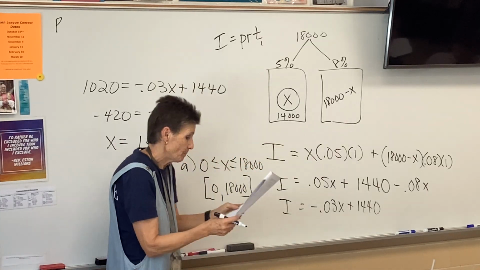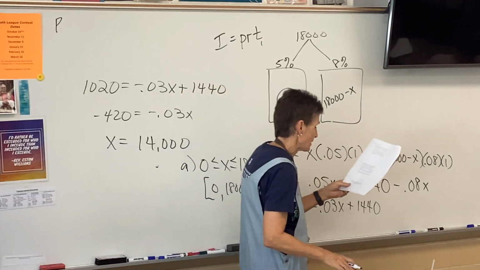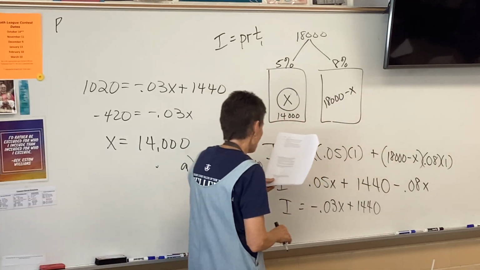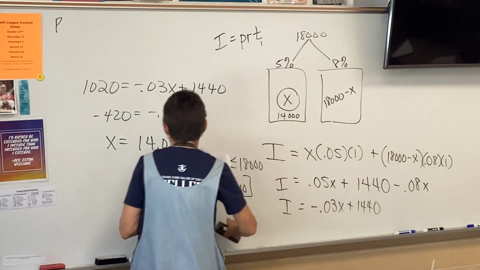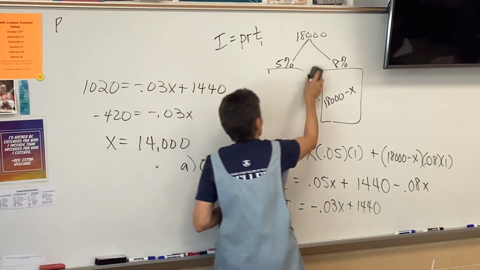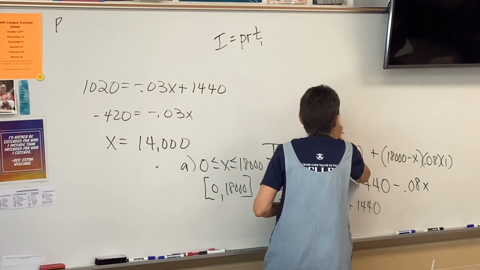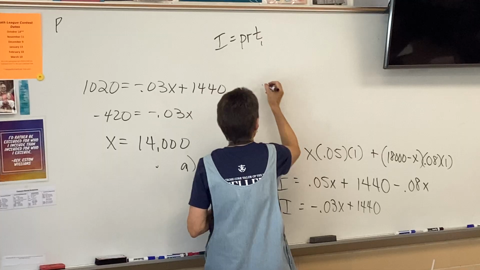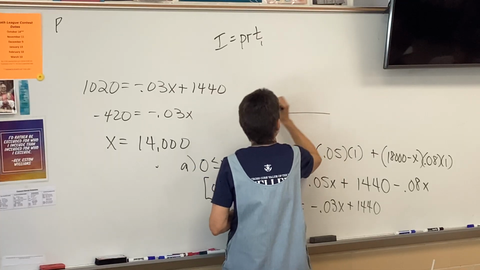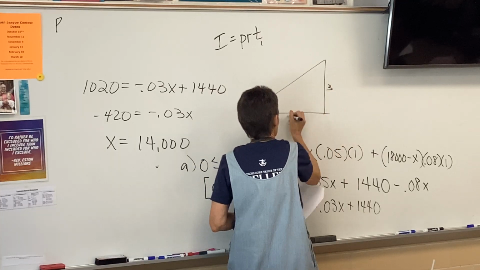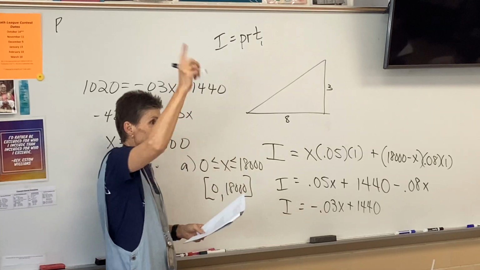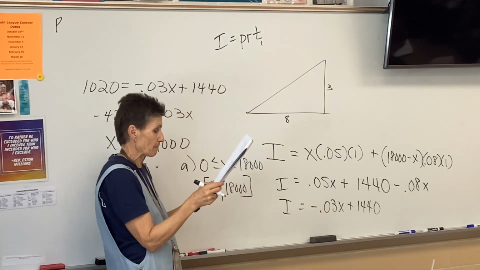All right, one more. 47, navigation. Commercial jet airplane climbs with a slope of 3/8. All right, so I drew a picture here. This is 3 and this is 8. The rise is 3 and the run is 8.